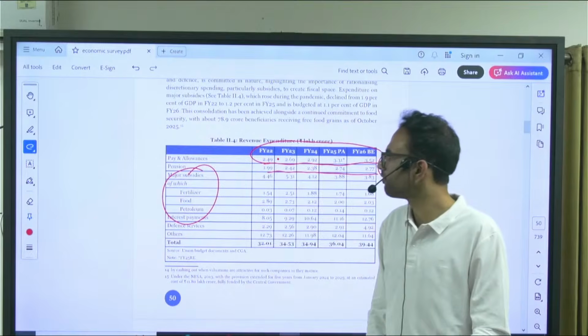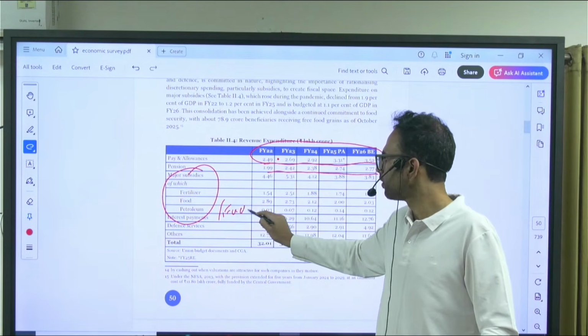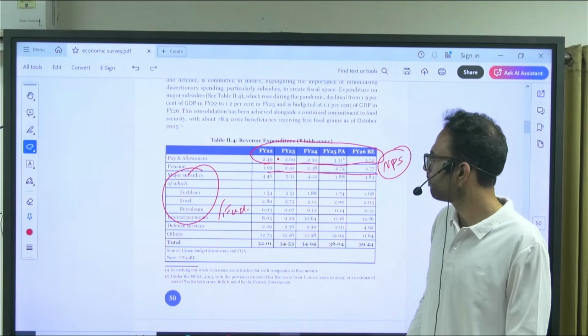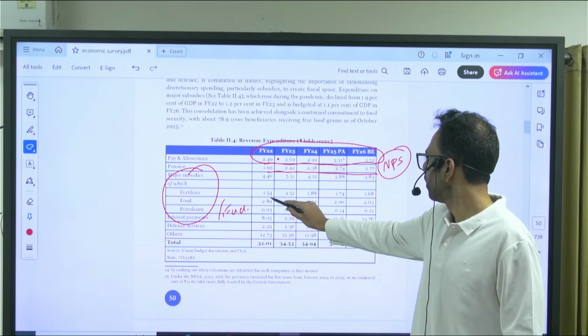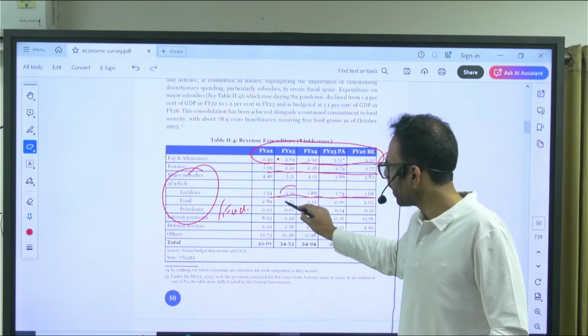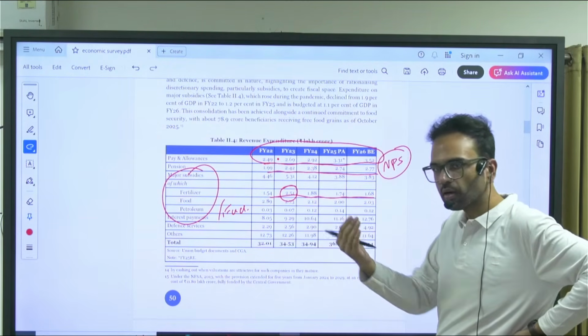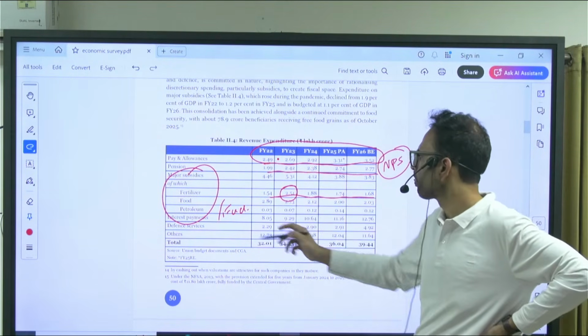Subsidies, triple F. For petrol, I said fuel. Fertilizer, food and petroleum. In this 1 year, we decided to give additional input. But we are now reducing it. Food.